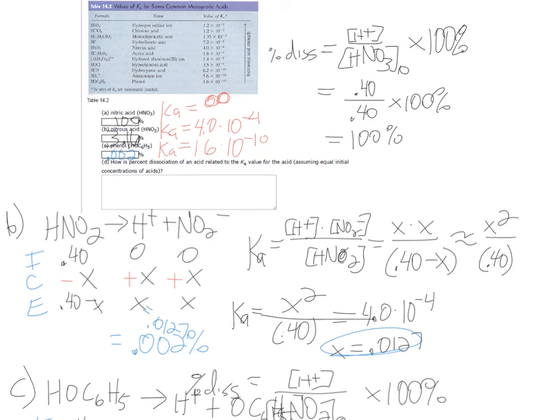Really small Ka value, really small percent dissociation. So the trend is, as percent dissociation goes up, Ka goes up. Or you could conversely say as percent dissociation goes down, Ka goes down. In other words, there is a direct relationship between those two variables.